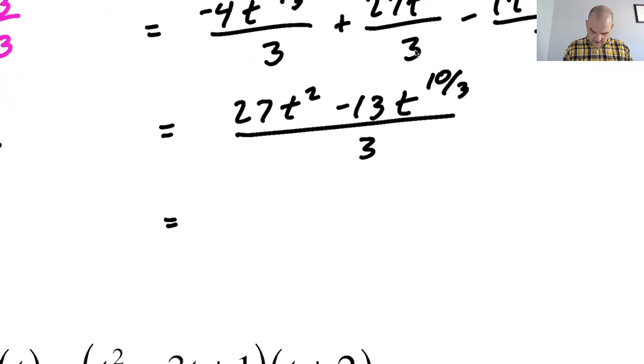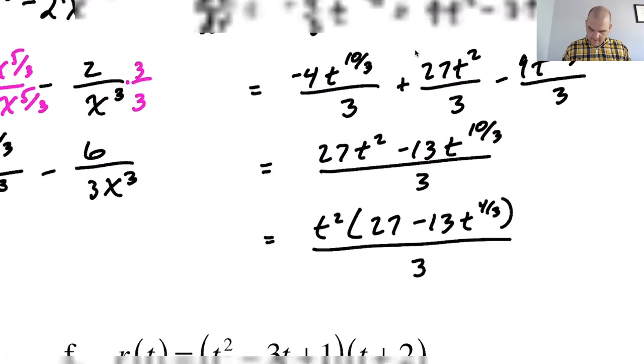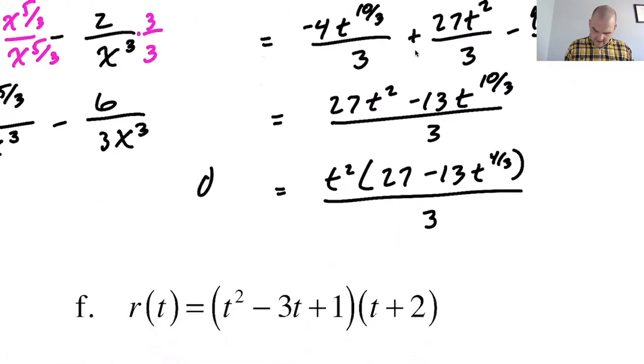So I could do t squared, and then 27 minus 13. I took out t to the 6/3, so there'd be t to the 4/3, and then all over 3. That might do it. Let's call that dz dt.